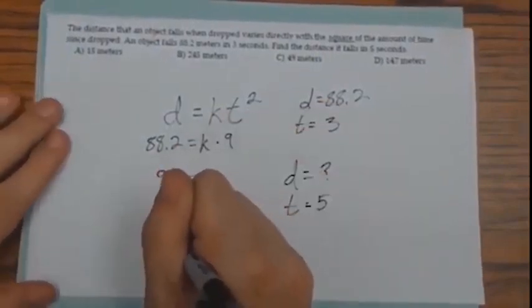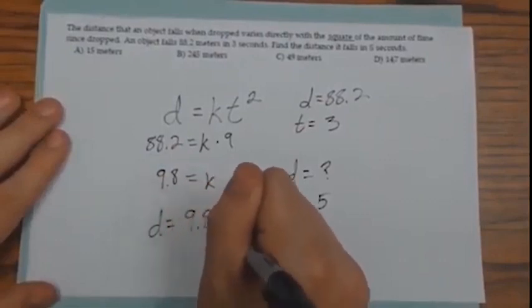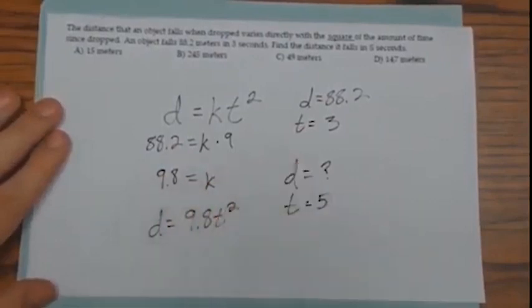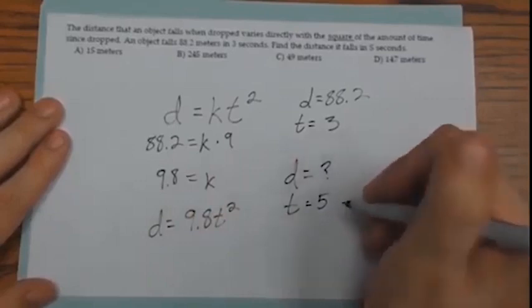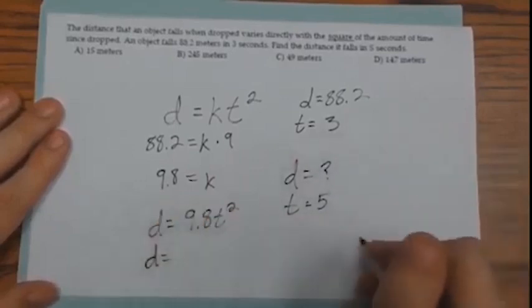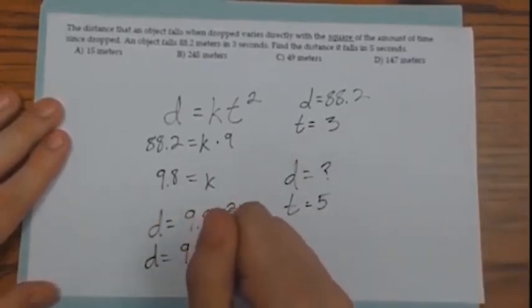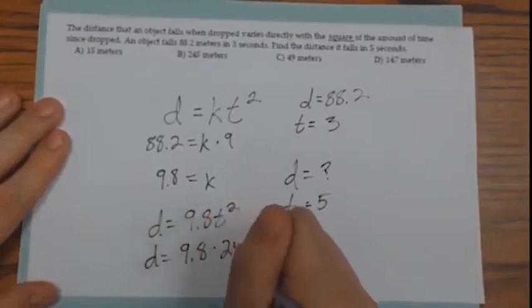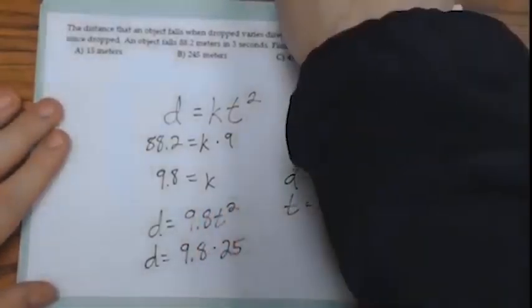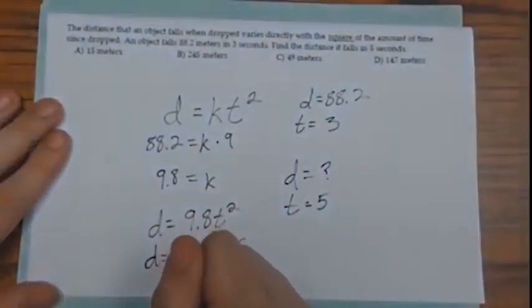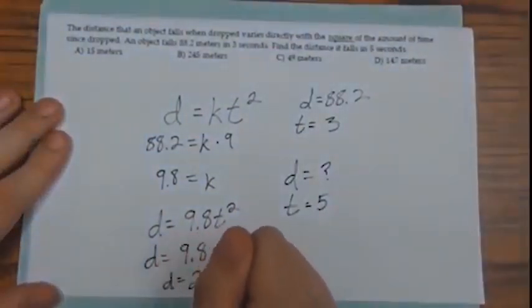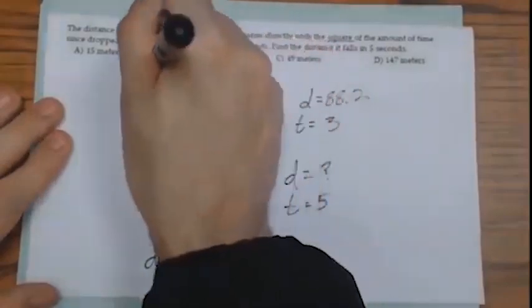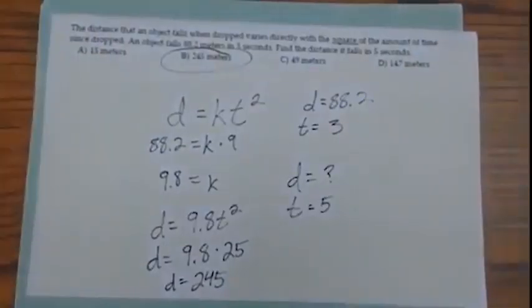Putting it back in, D equals 9.8 T squared. We want to find the distance when T is 5. If T is 5, that means T squared is 25, and 9.8 times 25 is 245. 245 meters.